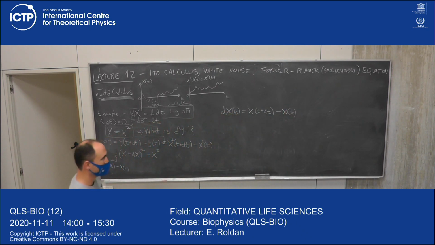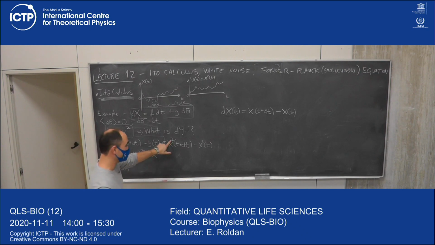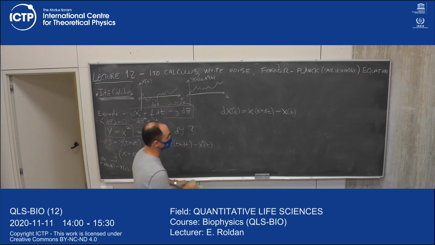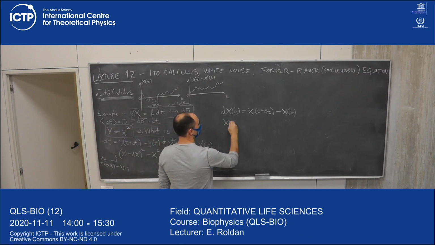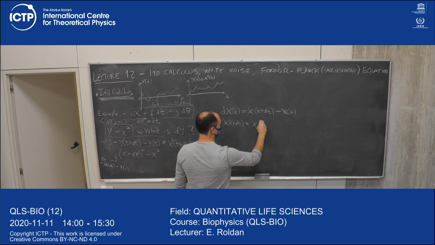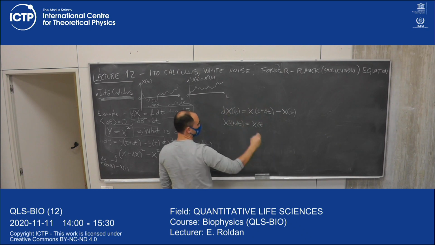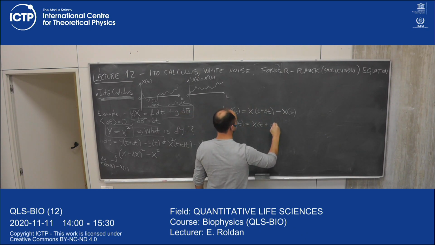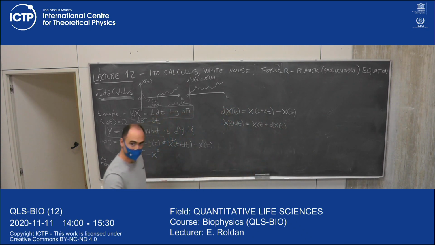You agree with me? Then what comes here is x squared at t plus dt. So x at t plus dt is x of t, I just move this to the right, plus dx of t. Fine?